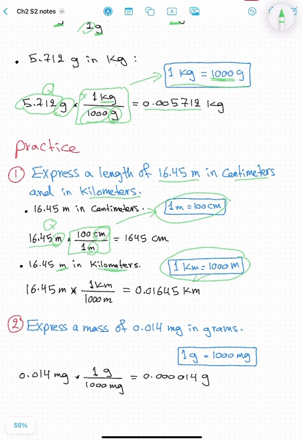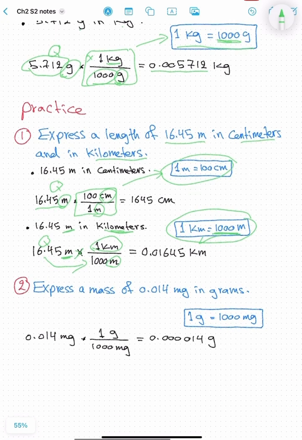The relationship is here. Write down what you have from the question, multiplied by, we have meters should be right across, which is 1000, and kilometer above. So what do you do? You divide it because they're right across each other, or you just say 16.45 times 1 divided by 1000.